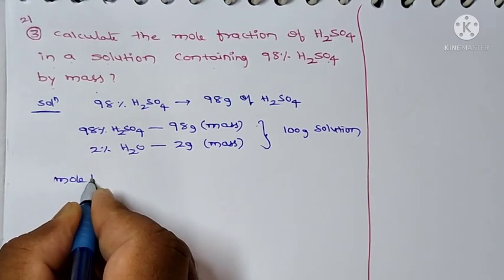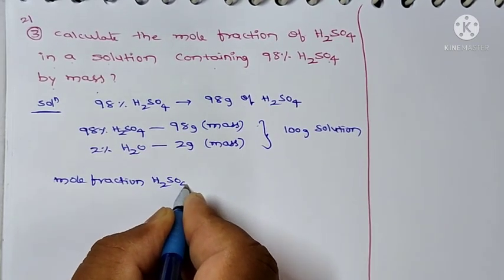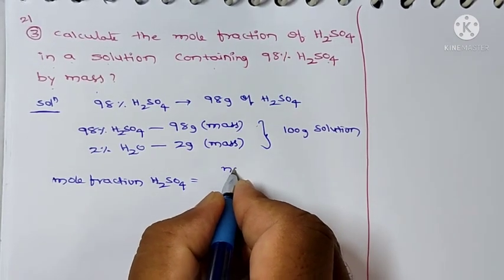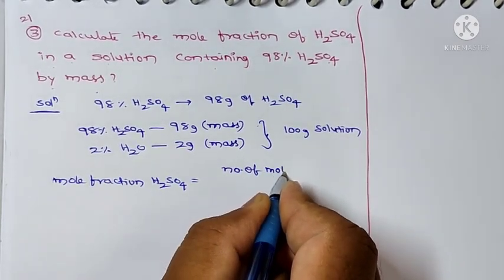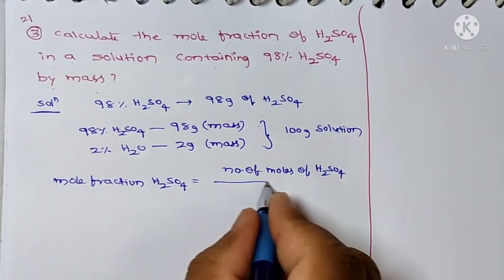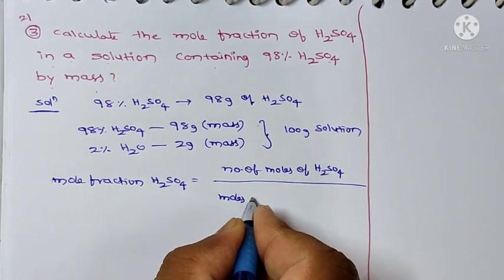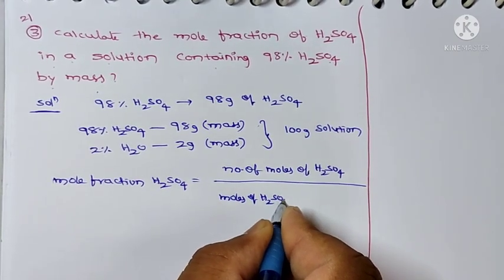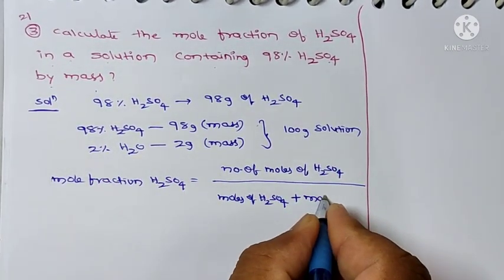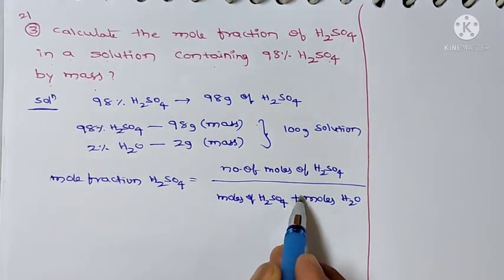So the mole fraction of H2SO4 is equal to number of moles of H2SO4 divided by number of moles of H2SO4 plus number of moles of H2O, meaning total number of moles.